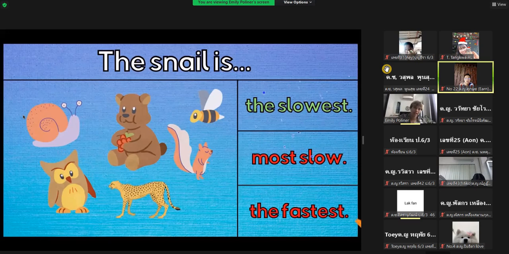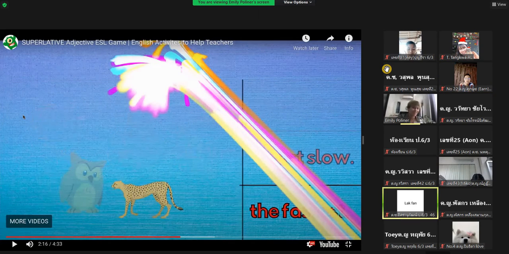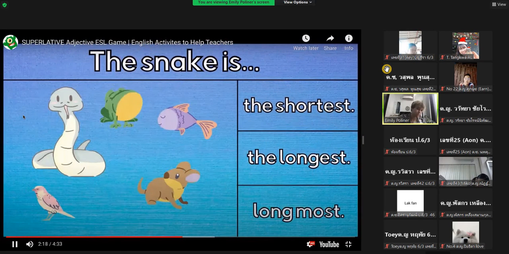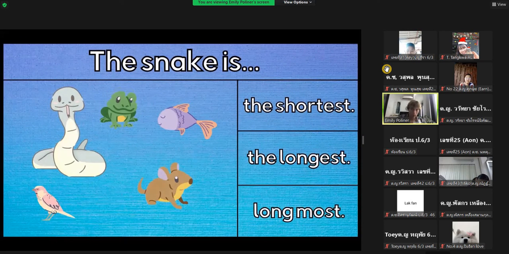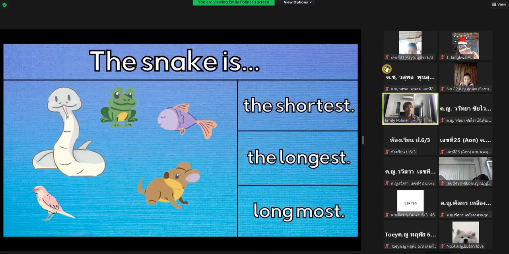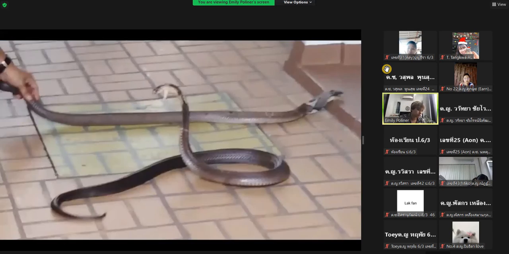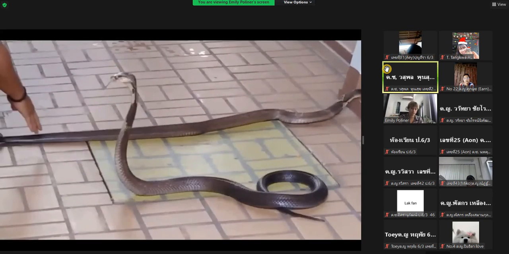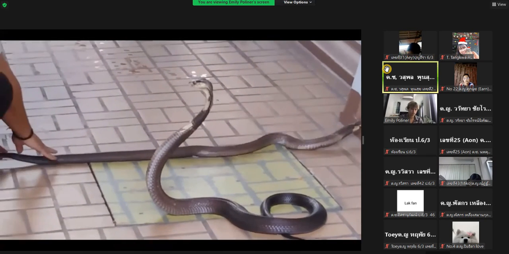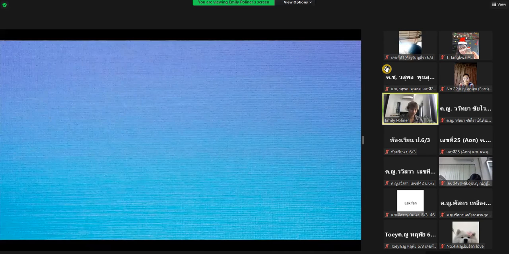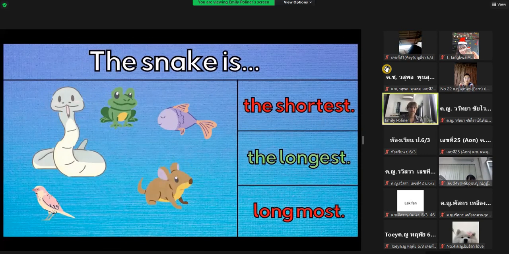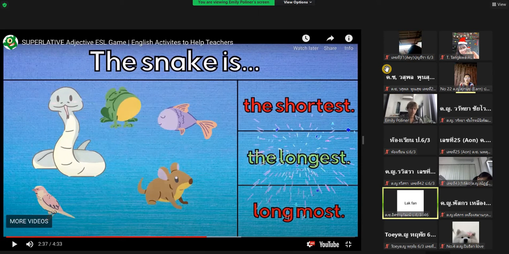The snail is the slowest. Very good. The snake is the longest.